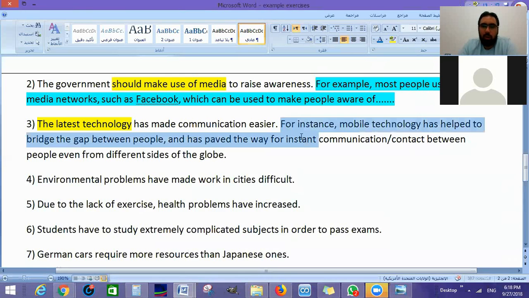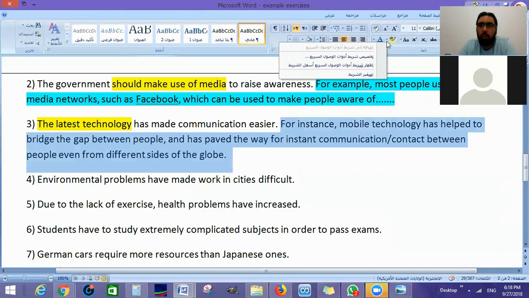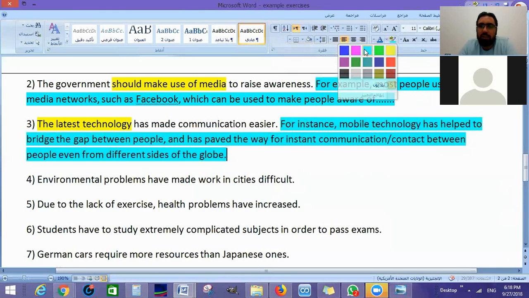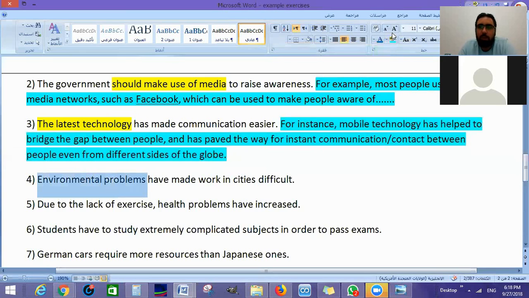So what is important is we look at our supporting sentences and we find something in the supporting sentence that we can give an example of. So here we said environmental problems have made work in cities difficult. And we could say something that is air pollution, yeah?